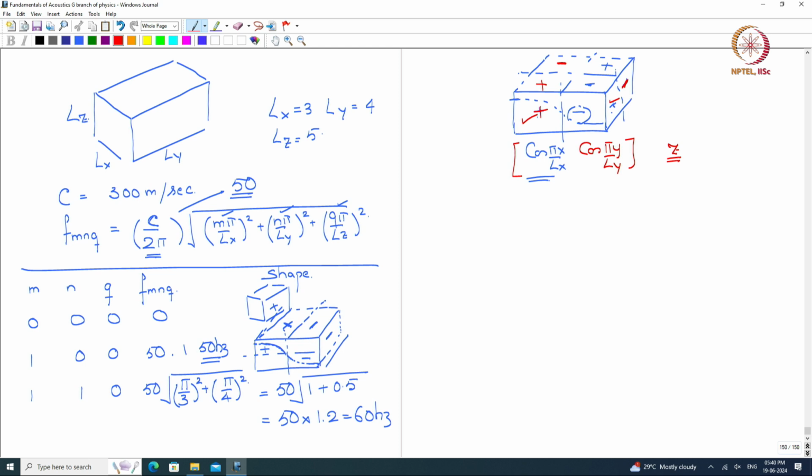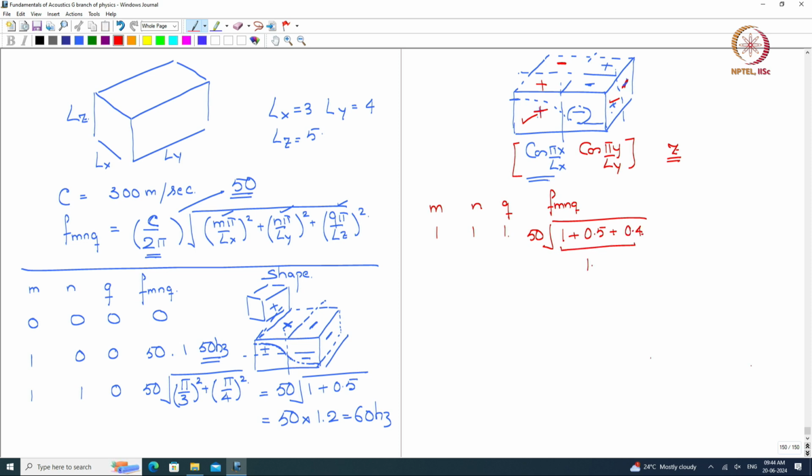And similarly the last case, if I take m, n and q as 1 1 1, then my f, m, n, q is 50 square root of 1 plus 0.5, let us say, and then pi by 5 whole squared, I will take that to be 0.4.